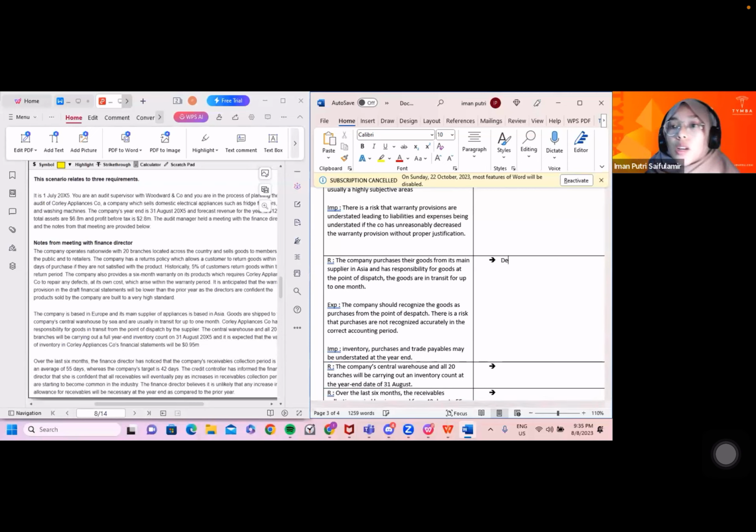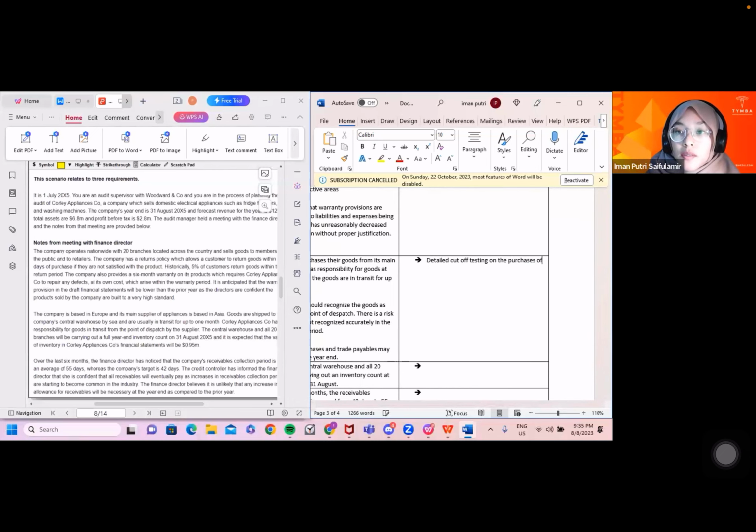So for the auditor's approach, we are going to do detailed cut-off testing on the purchases of the goods at year end, and maybe we will look into a sample. We review the shipping documentation immediately before and after year end relating to goods from the main supplier in Asia, to ensure the cut-off of purchases and payables is complete and accurate.